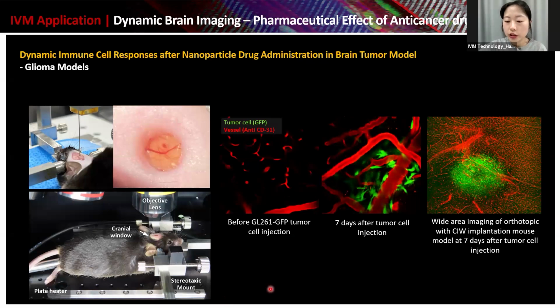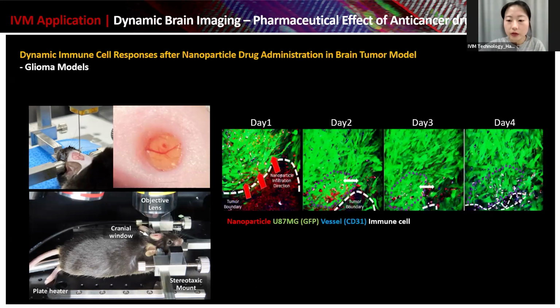In this model, we injected glioma cells before securing the glass cover slip and completing the window implantation procedure.